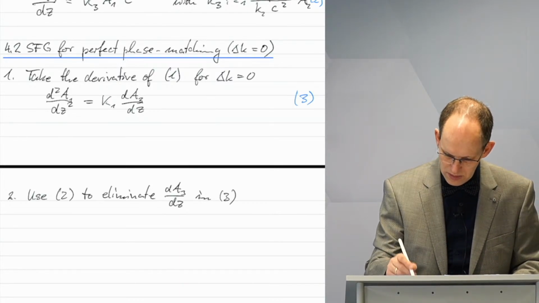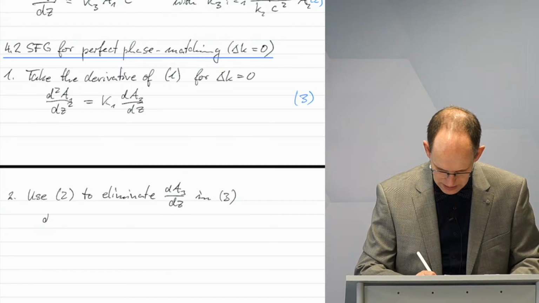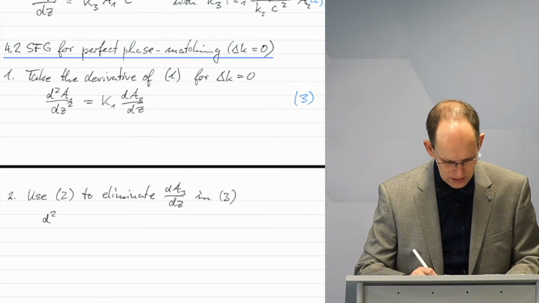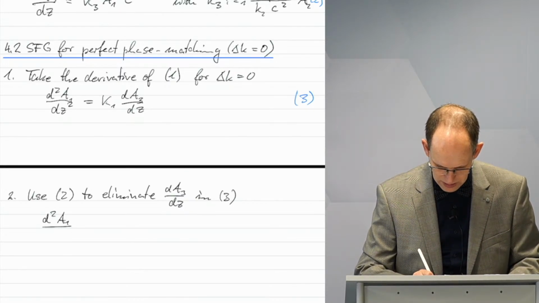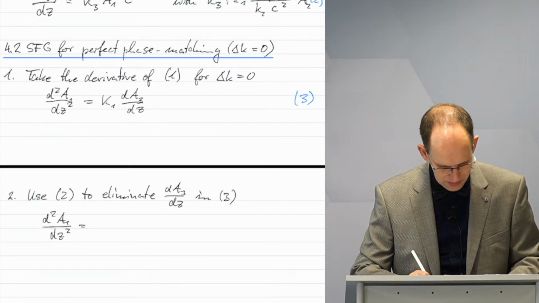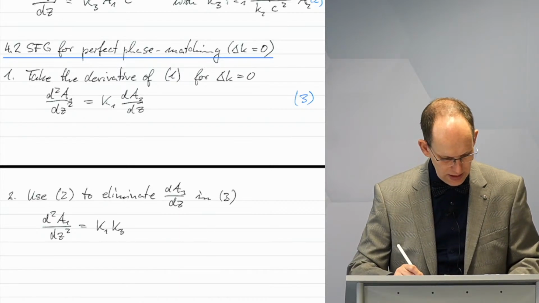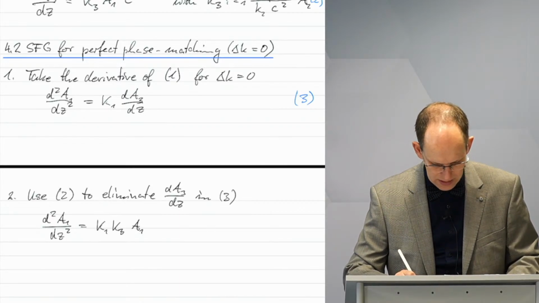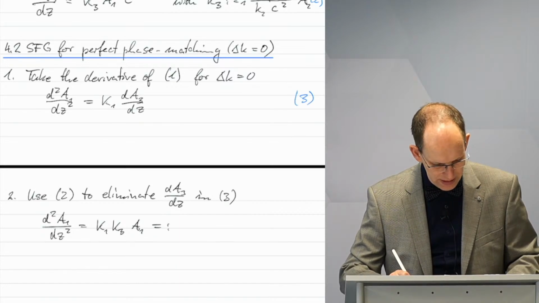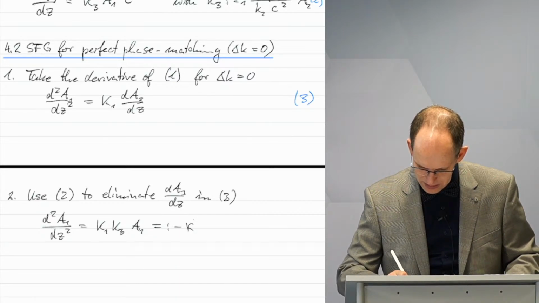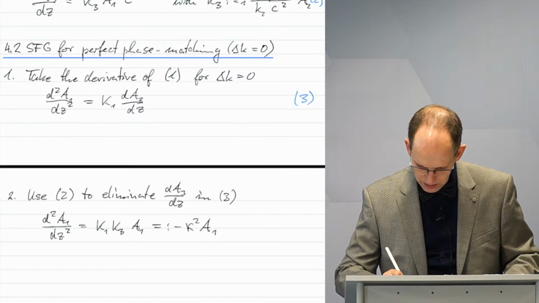And we get, of course, a second order differential equation. So the second derivative of A1 is equal to K1 times K3 times A1. And we define this here as minus kappa squared A1.